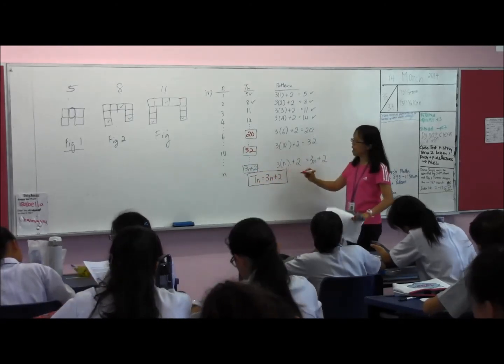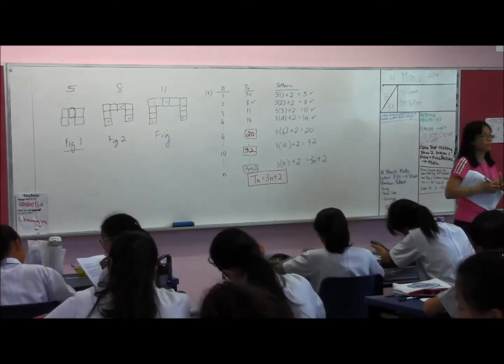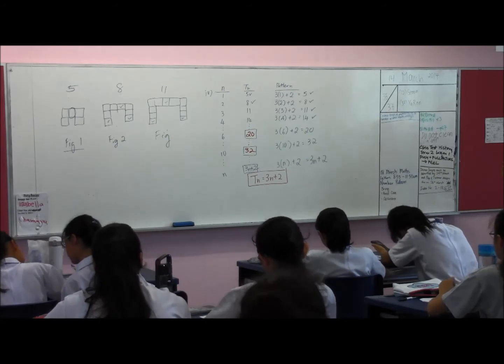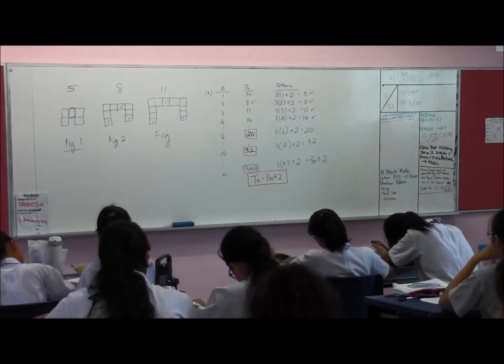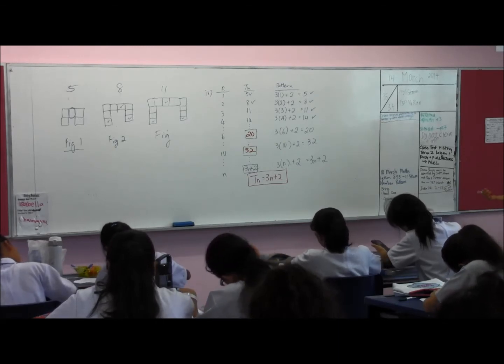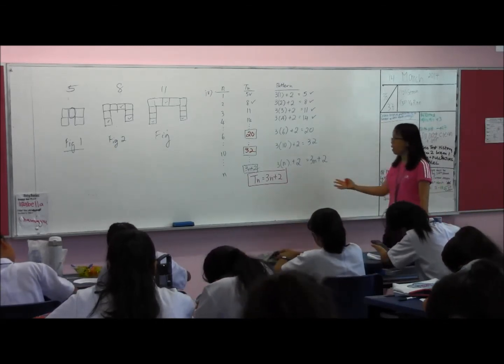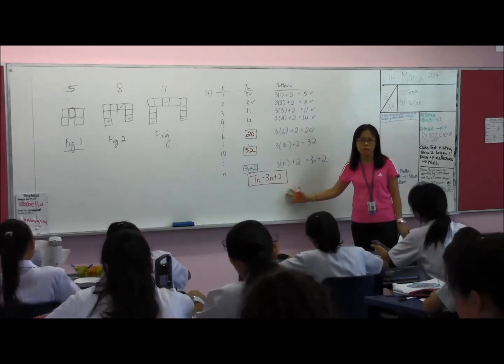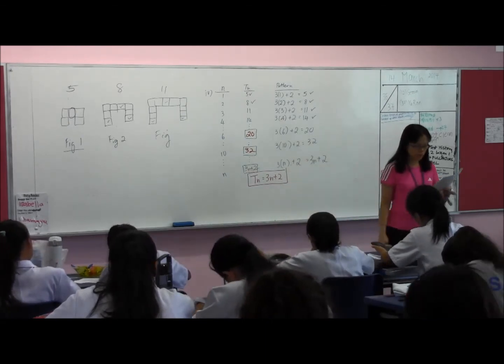This is actually the general term. So in questions when they ask you for the general term, they are asking to find this. In this case the general term is 3n plus 1.